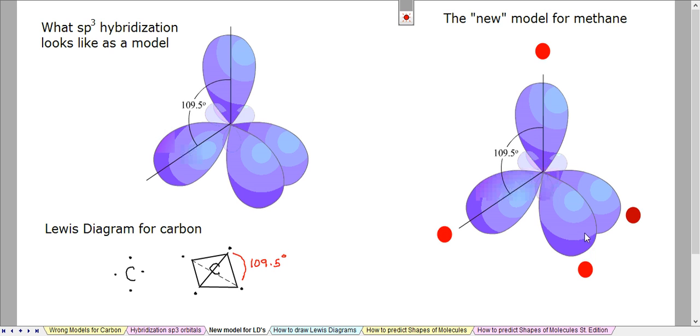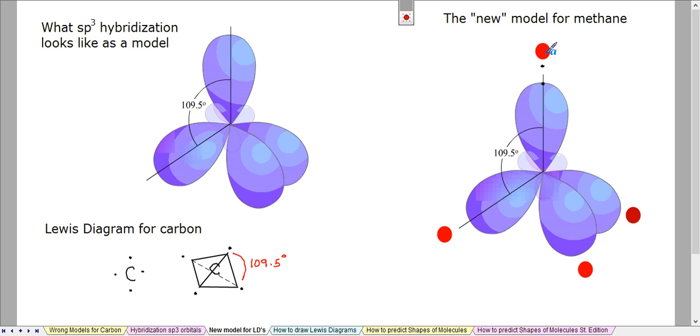Each angle is 109.5. These red dots, of course, represent hydrogen, and between them is the shared electron. Hydrogen would share one electron with the carbon.